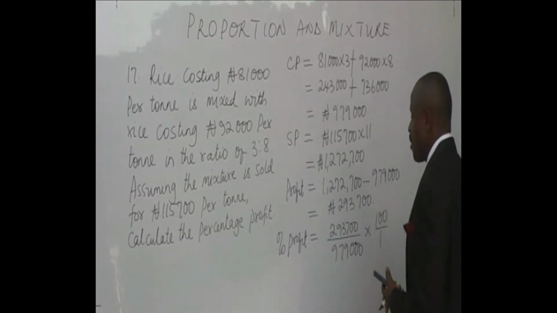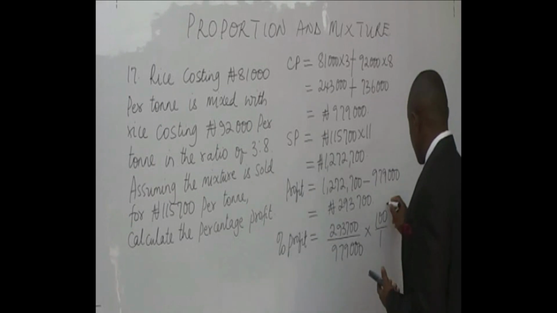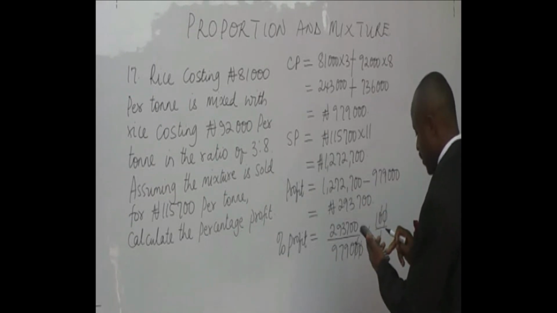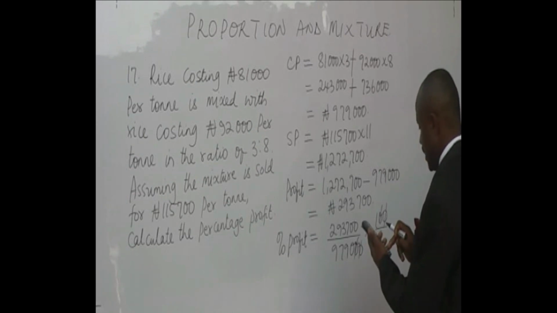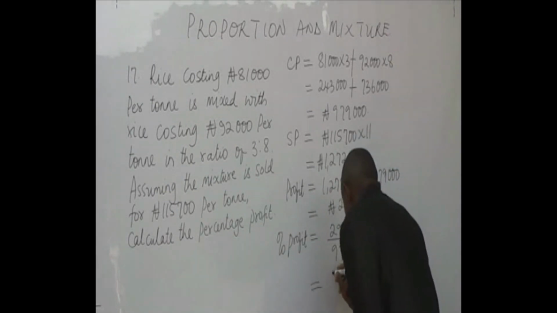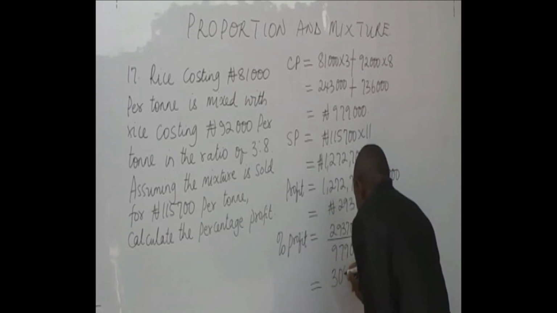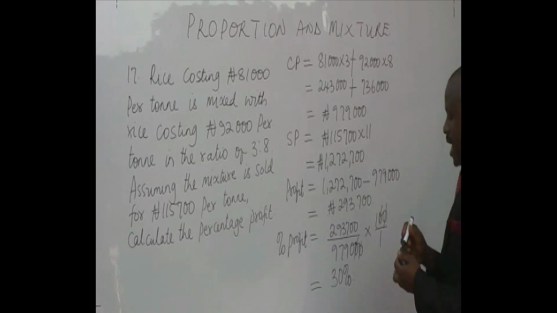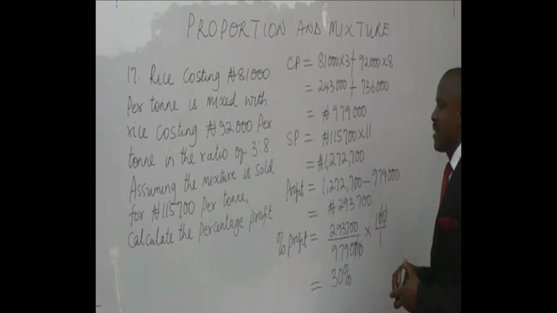It will give us the percentage profit. Can cancel this, can cancel this. So divide out that 293,700 divided by 9790. 30%. So our percentage profit is 30%, and that has brought us to the end of question number 17.